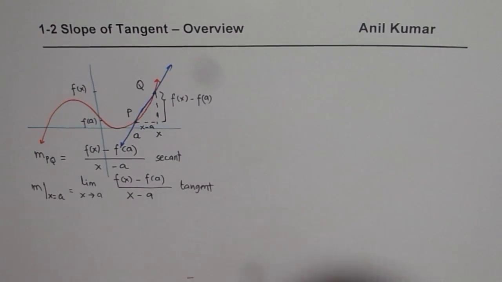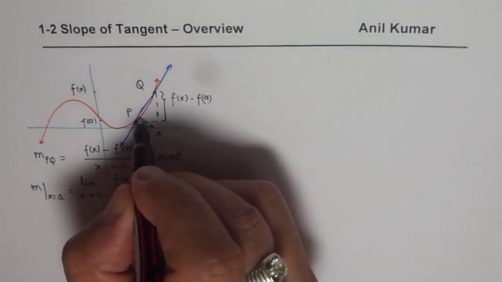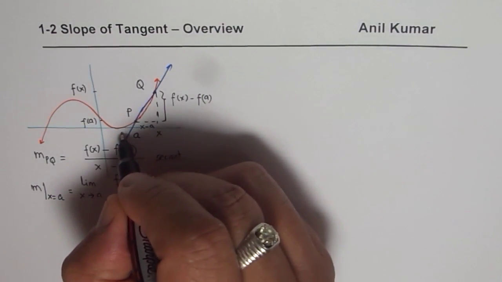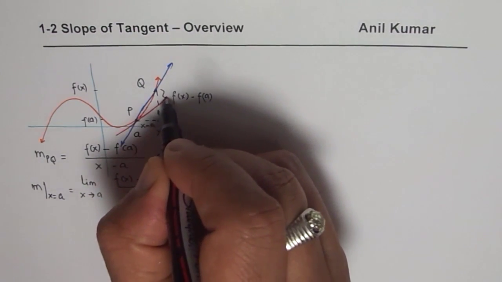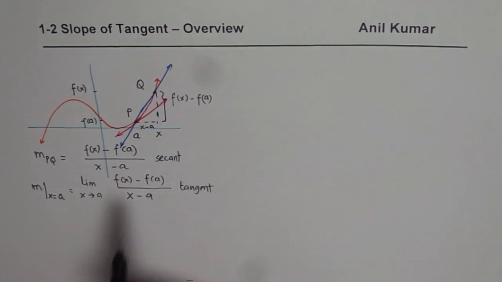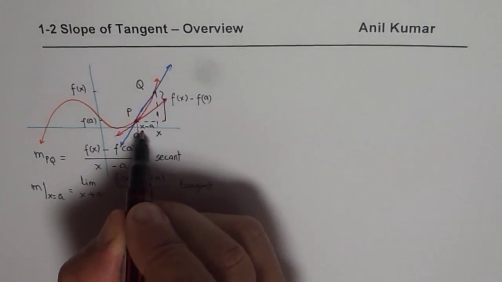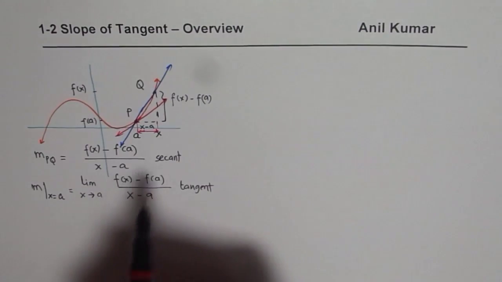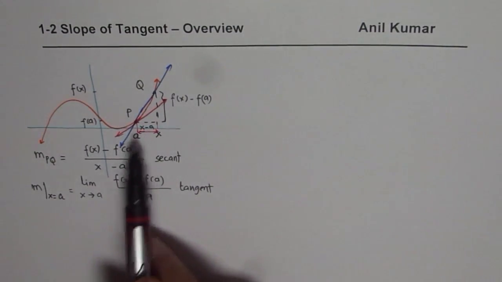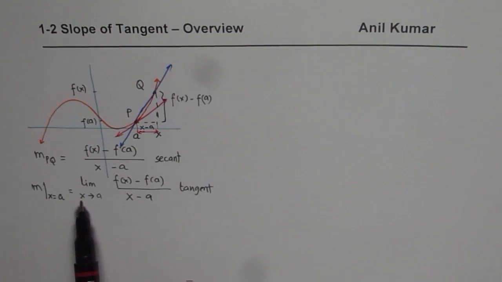What you observe here is that the point Q is now very, very close to P, so that x minus A, this distance which was that much earlier, becomes very, very small. In that case, the limiting value of the slope of the secant as x approaches A becomes the slope of the tangent line, right?